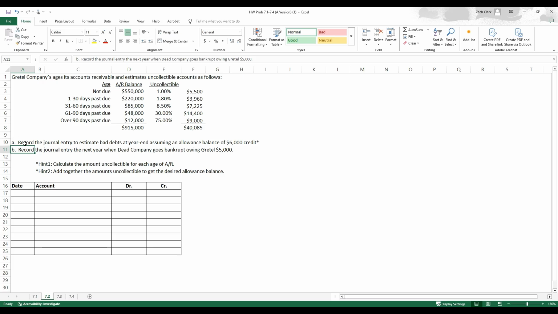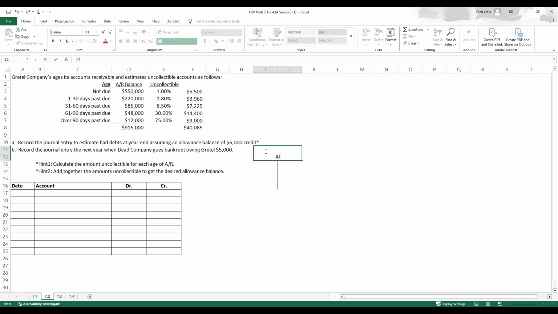We are asked to record the journal entry to estimate bad debts at year end, assuming an allowance balance of 6,000, so a credit balance here. So let's put a little T account in, and let's merge cells.